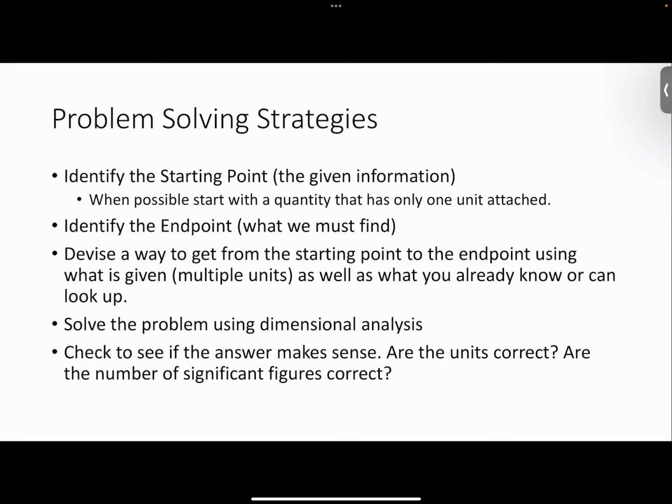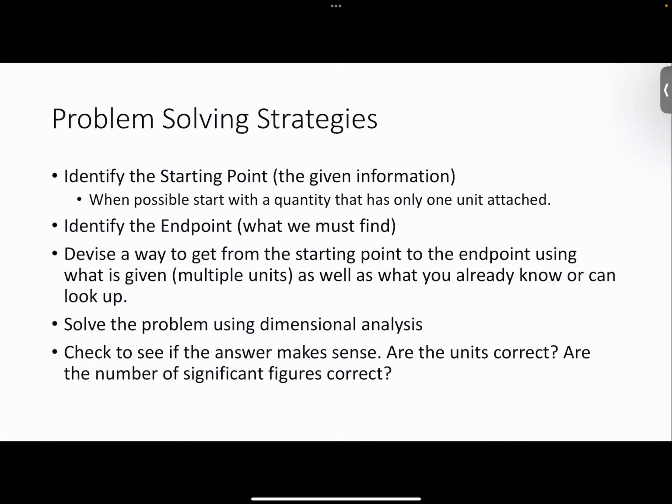A lot of folks skip this last step. The last step is to see if the answer makes sense, and also to check the number of significant digits. I will give you a little hint with respect to those significant figures. Go back to the problem. Look at the numbers in the problem.